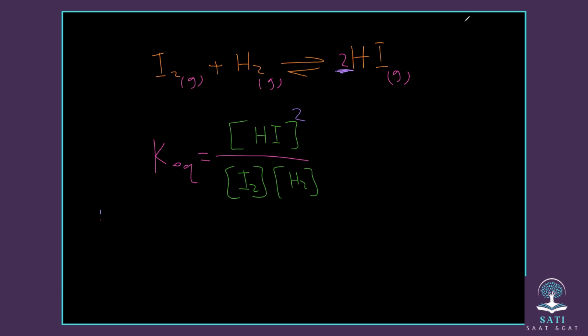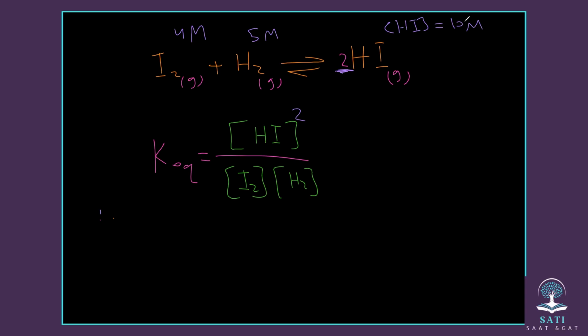Okay, for this example, if we use numbers, say the concentration of hydrogen is 5 molarity, the concentration of iodine is 4 molarity, and the concentration of HI is 10 molarity. And we know what molarity means: it is the unit for concentration, the number of particles of solute inside 1 liter of the solution.